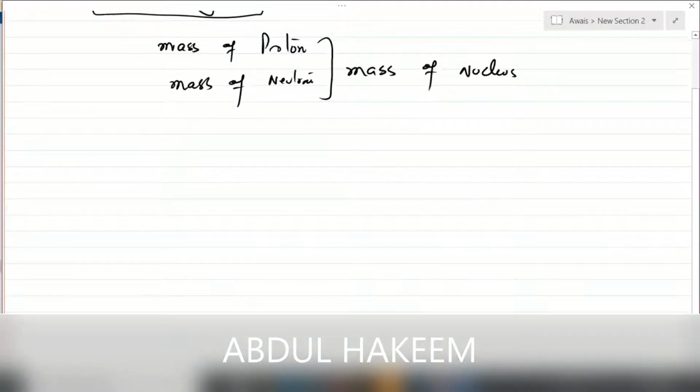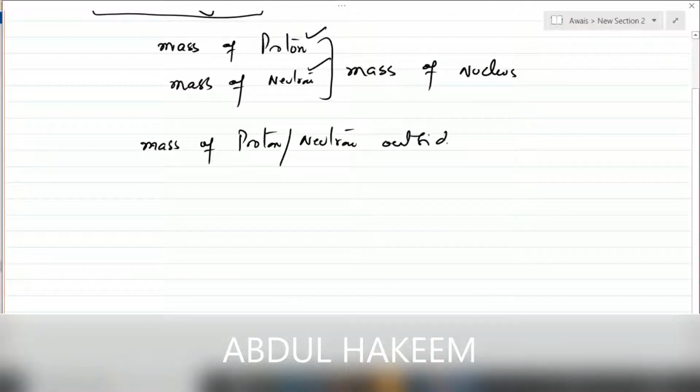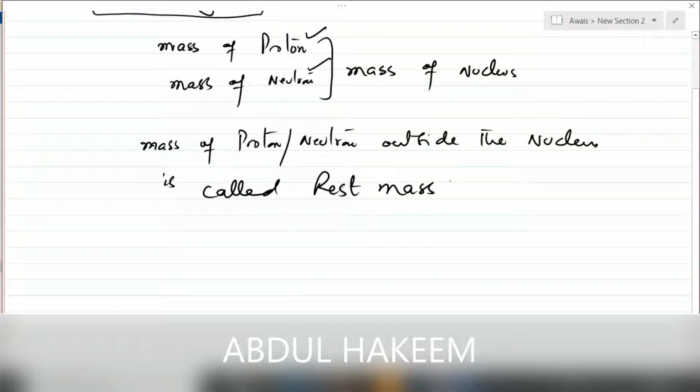Now do remember, if proton and neutron are outside the nucleus, the mass of proton or neutron outside the nucleus is called rest mass.